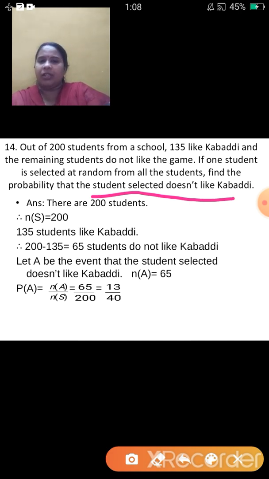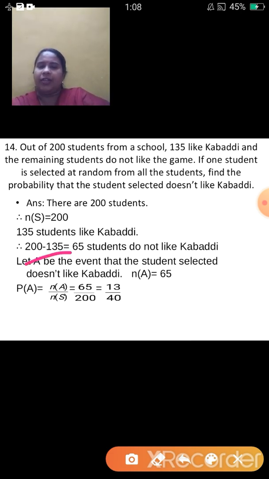In order to get the number, what is to be done? 135 students like Kabaddi, so out of the total 200, if I subtract 135, I'll get the students who do not like Kabaddi. So 200 minus 135 is equal to 65. So there are 65 students who do not like Kabaddi, and this is nothing but the event that is given to us. So now we will define the event.